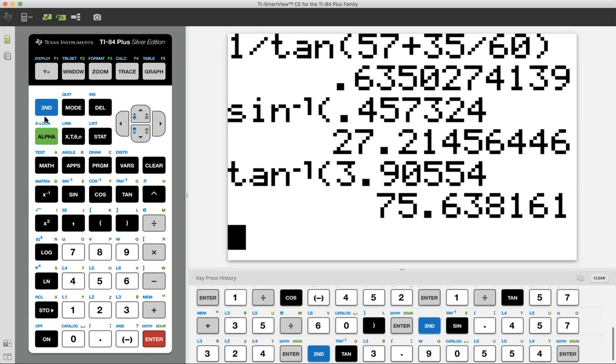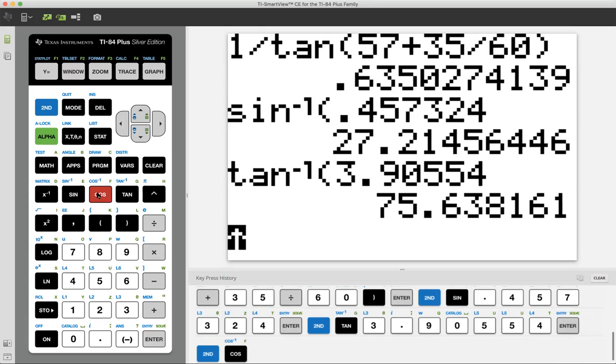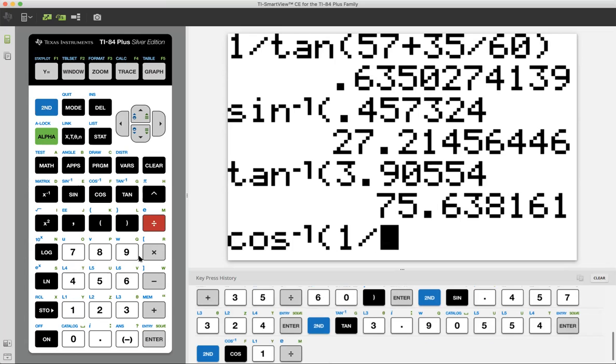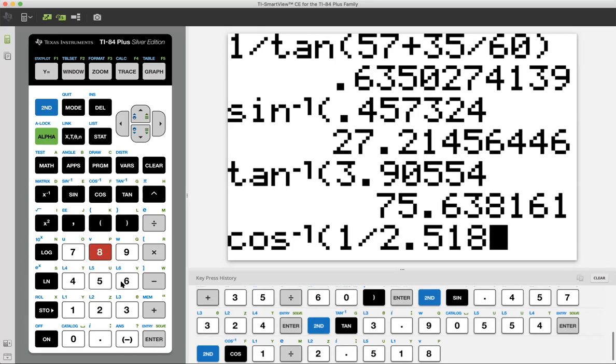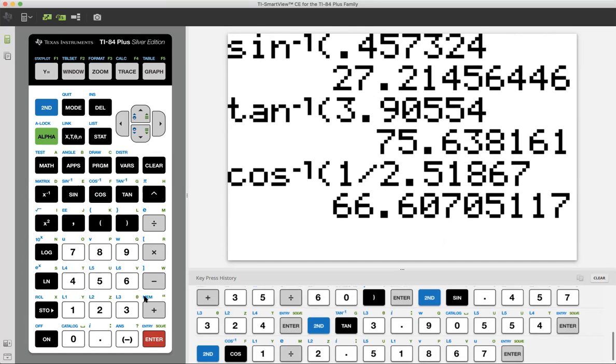So I could do second cosine, and then inside the parentheses, 1 divided by that number, 2.51867. And then there would be your final answer. You could verify that the secant of 66 degrees is 2.51, etc.